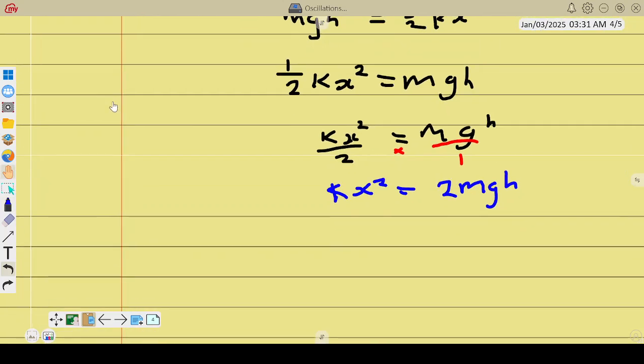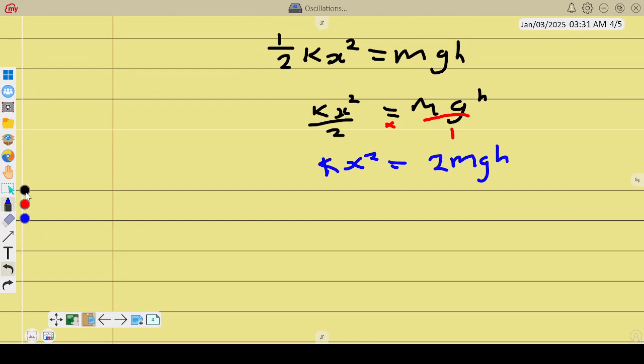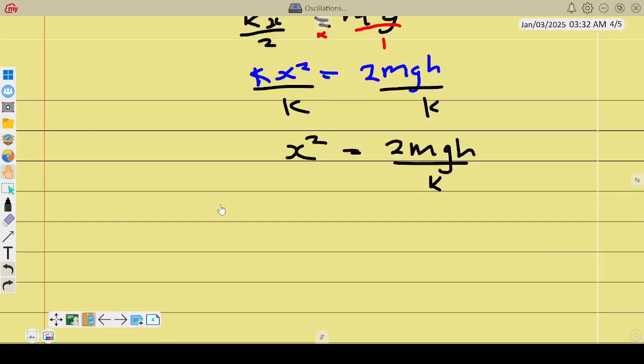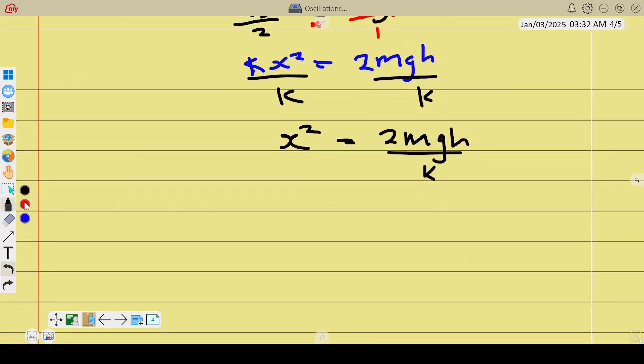And then we want to remain with x alone, we divide by k, here by k. So x squared is equal to 2mgh over k. And then finally we can get rid of the square root.